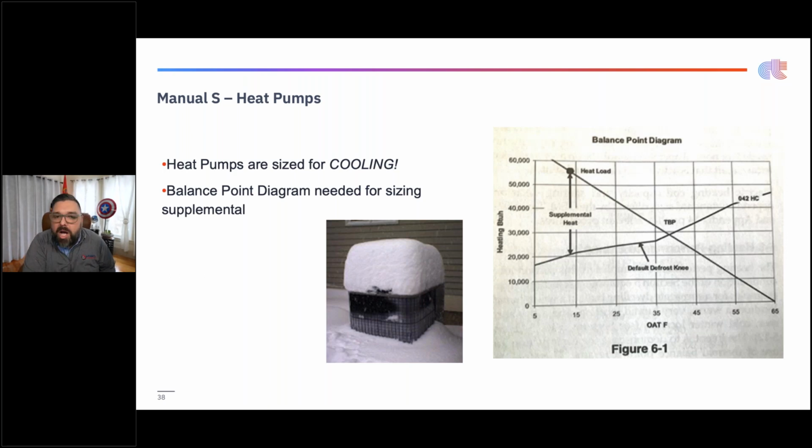The heat loss is somewhere around 56,000 BTUs. But at our design temperature, which is close to 15 degrees, we only get about 20,000 BTUs. So if we were to actually draw this balance point diagram out, we could calculate how much supplemental heat we need. And that would be the difference because the heat pump doesn't shut off. We keep running it. We only need to make up the difference in supplemental, okay?